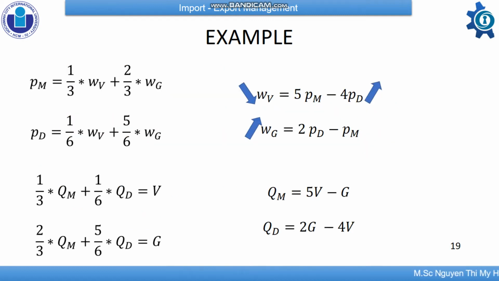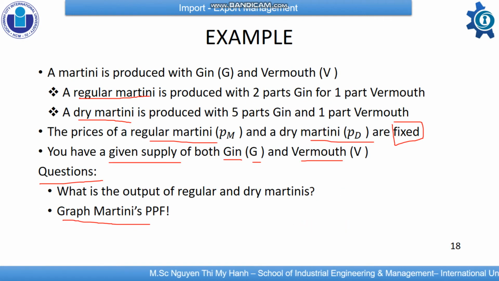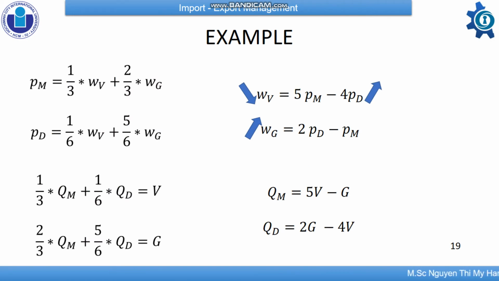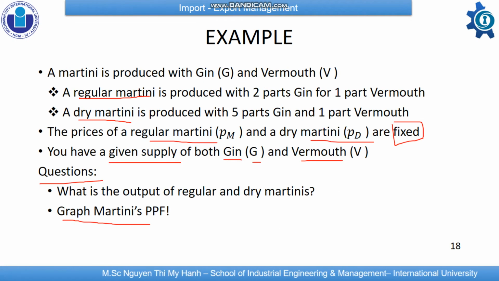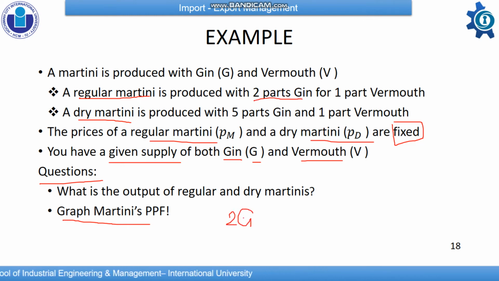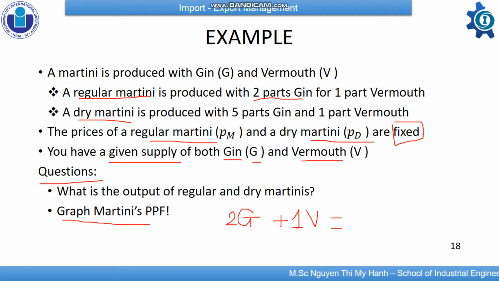So let's see, we can calculate PM, the price of the regular martini. Let me show you. We have two parts of gin plus one part of vermouth equal to one regular martini, right?